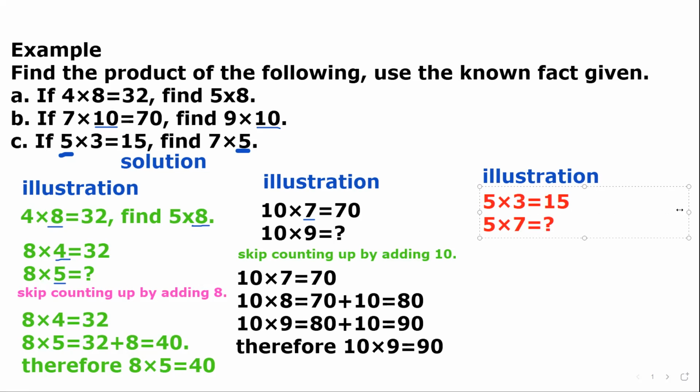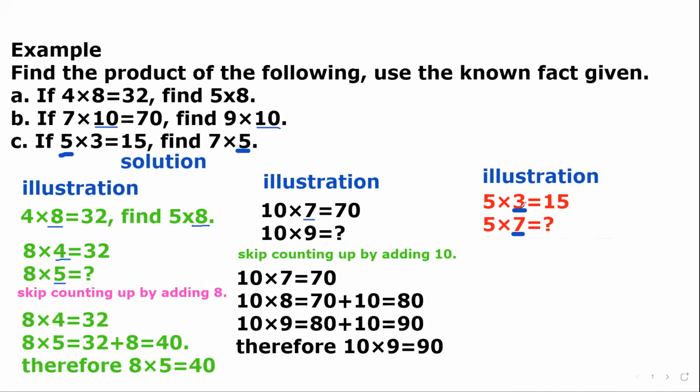Now let's analyze certain things here. Looking at this one, the 5 and 5, they are the same. That is why you must always start with the multiplier, a particular number that appears in both known fact and unknown fact. Now looking at this one, we have the 3 moving to 7. Okay, so there's an increment here.